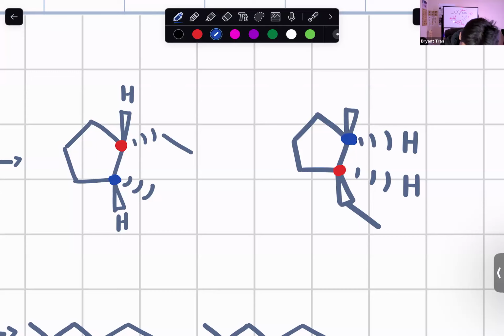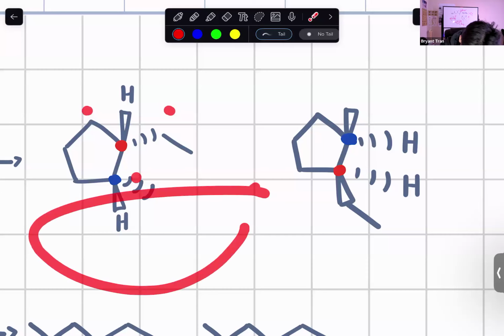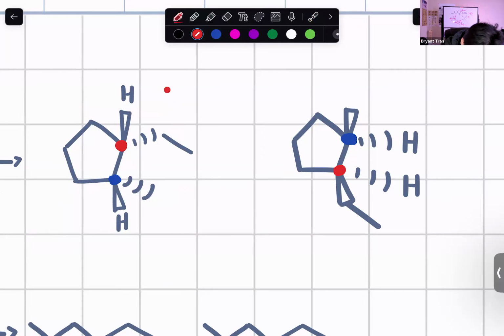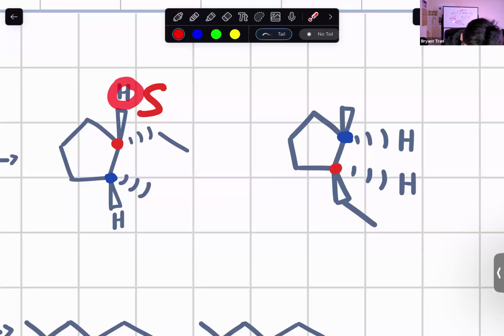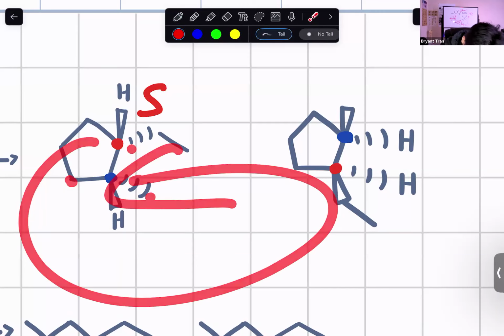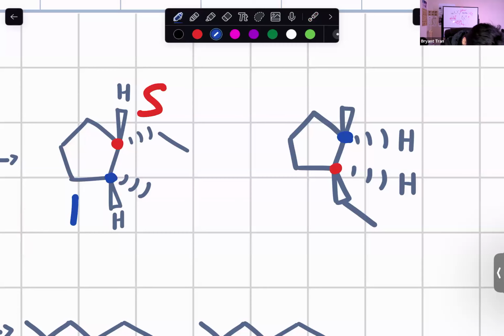For red, let's say this is 1, 2, 3. Going this way, it looks R, but it's actually going to be S because hydrogen is on the front side. For blue, that's 1, 2, 3. So it looks S, but it's actually R.